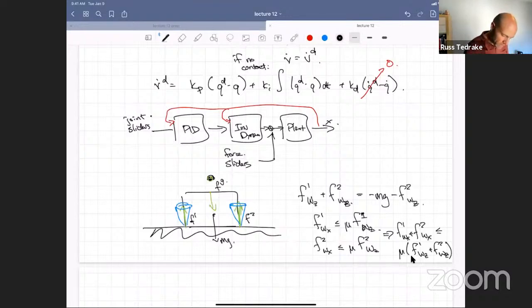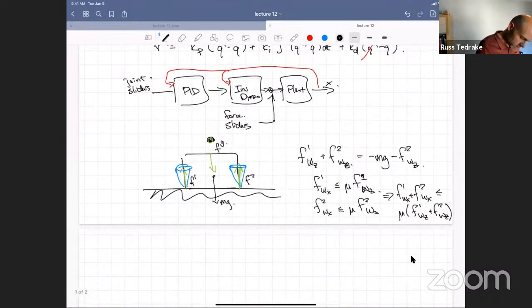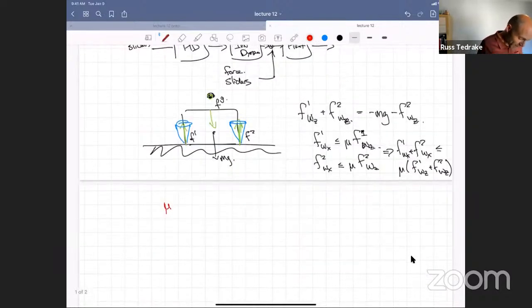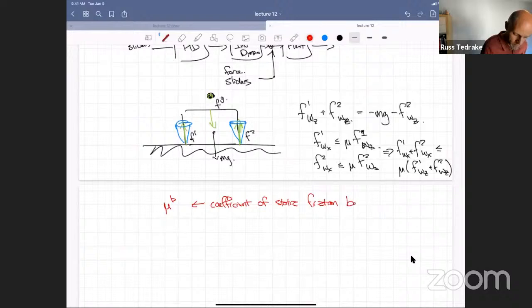Okay, now let's be a little bit more careful. Like Tony said, we have two coefficients of friction. We have two static coefficients of friction. We'll call this the box on bin static friction, and then the gripper.